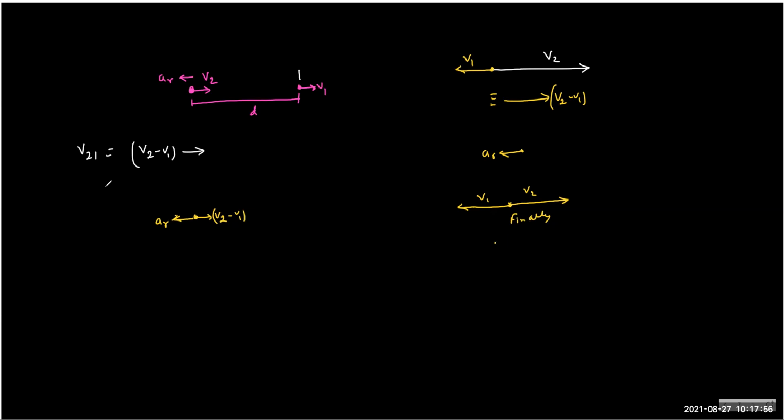This is the initial actually. Oh my bad, I made a mistake here. So this is U21, isn't it? So what is V21? It's 0. Why? Because eventually both are moving with the same velocity, isn't it?